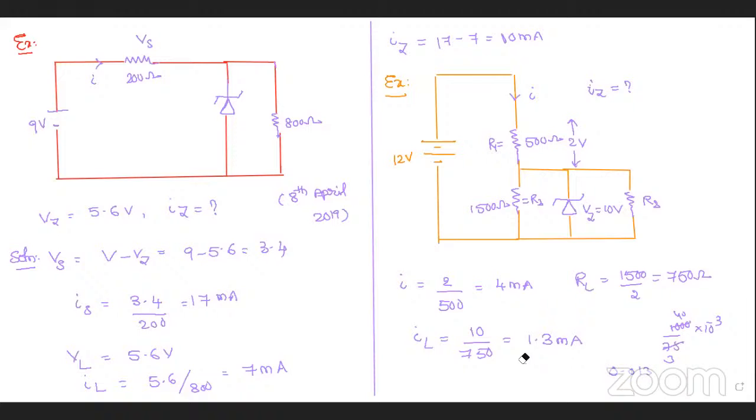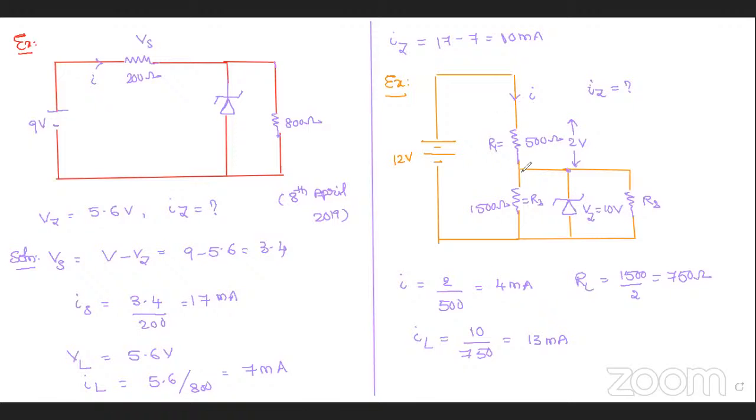So, but from there, 13 milliamperes is not coming. This is 13 corrected. IL is 13. Actually, from here, 13 milliamperes current is not coming.